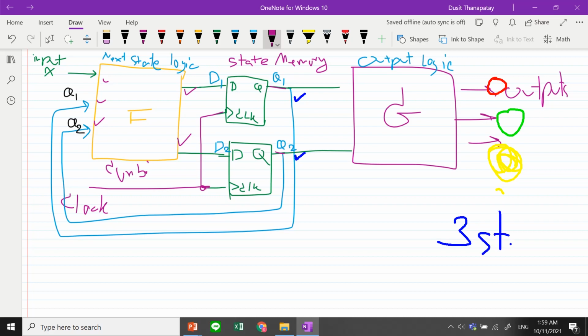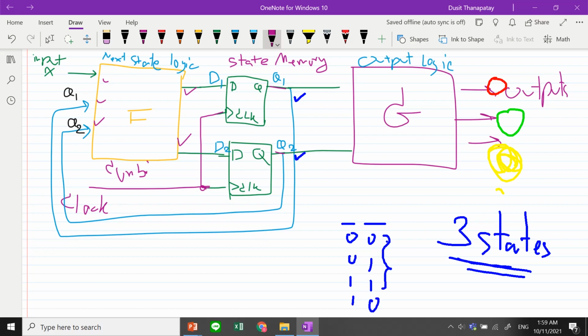If the circuit has 3 states, it needs at least 2 bits to represent them. Namely, maybe 0, 0, 0, 1, and 1, 0, but we use just 3 values of state.